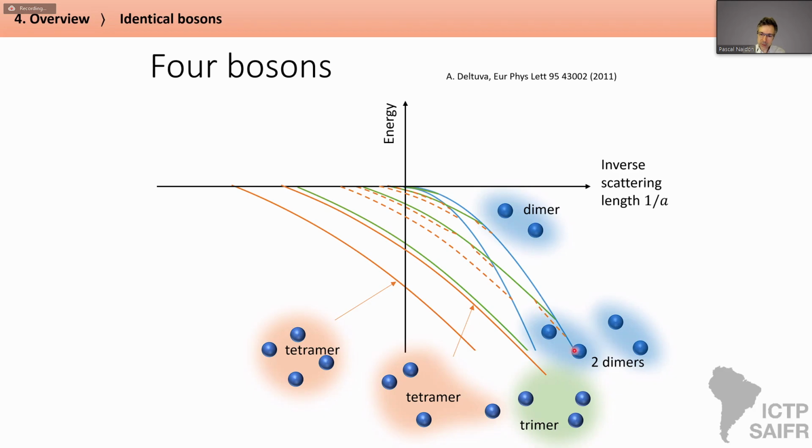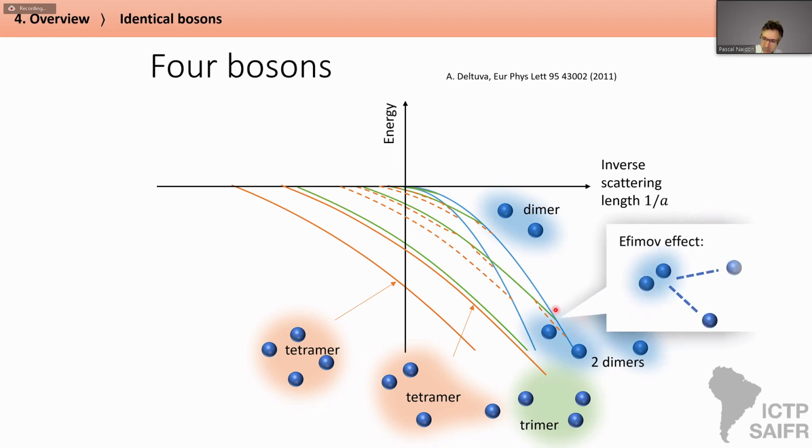There's an interesting thing happening here, although it's probably very difficult to observe. As I mentioned, at this point we have a bound state between a dimer and a particle that makes this trimer here, right? So we have a dimer-atom resonance.